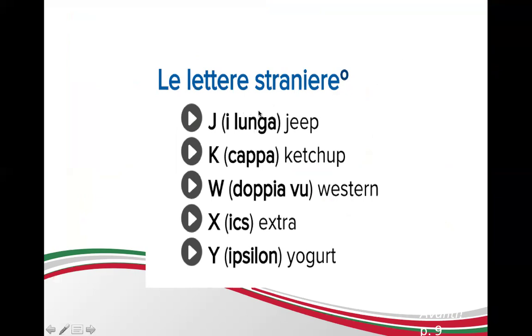We have I lunga. J is I lunga, literally a long I, which I think is adorable. Kappa is K. W is doppia V, literally double V. Doppia is double, doppia V. X and Y. So now you have the entire alphabet inventory.